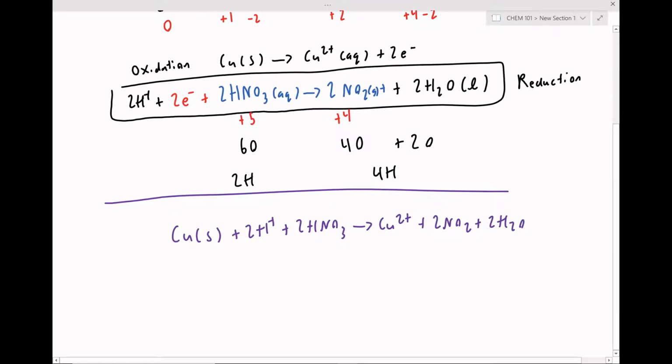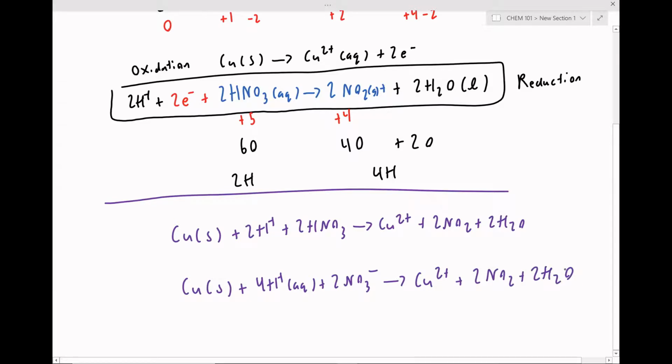What we're next going to do is we're going to dissociate each of our strong electrolytes. So this turns into copper solid plus 4H plus, aqueous, plus 2NO3 minus leads to copper 2 plus, 2NO2 plus 2H2O.